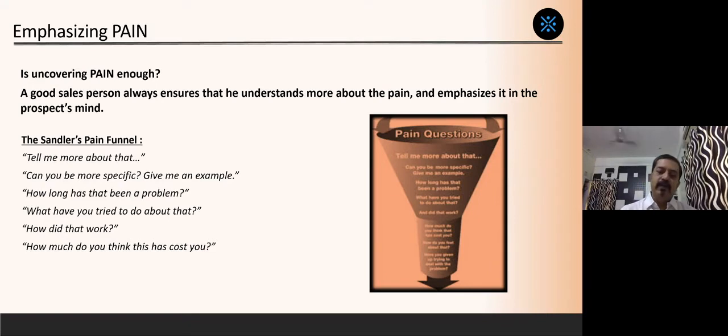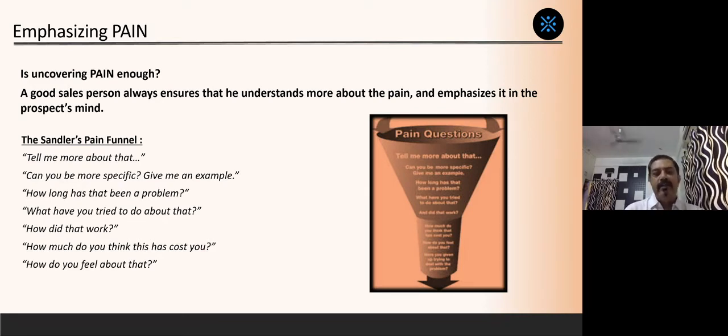So these kind of questions, and then again, if it is relevant and if it is applicable, you can ask, how do you feel about that, right? So it's like playing with his emotions, and it is a little tactical. So you have to be very, very careful, especially in the last two, the implication and the payoff questions.